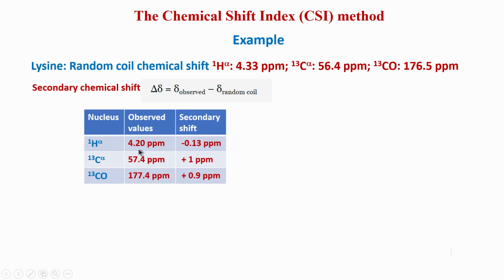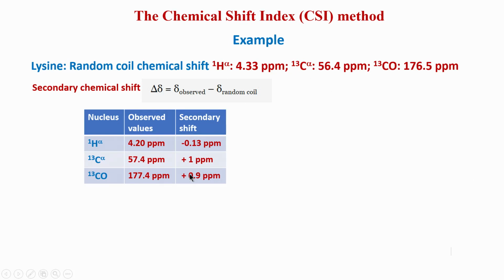Let us say the observed chemical shift values for these 3 atoms are shown here. If you take 4.2 minus 4.33, it is minus 0.13, that is the secondary shift, the delta delta. For carbon alpha it is plus 0.1, you can simply subtract this minus this. Then for this one it will be 0.9 ppm.